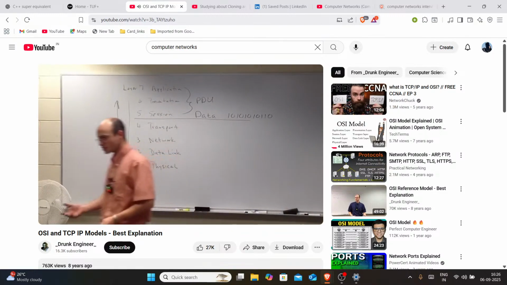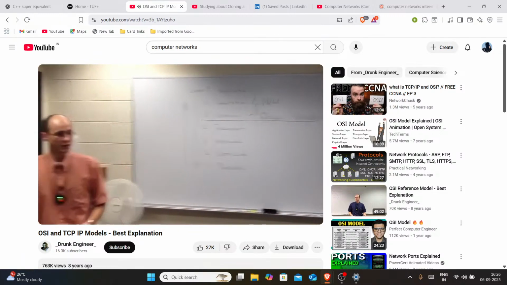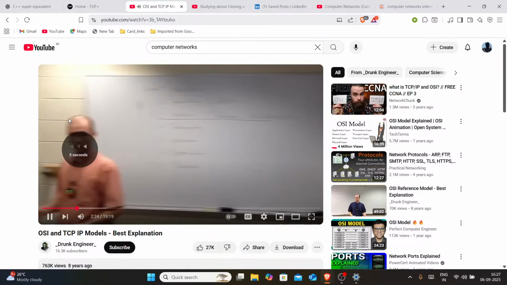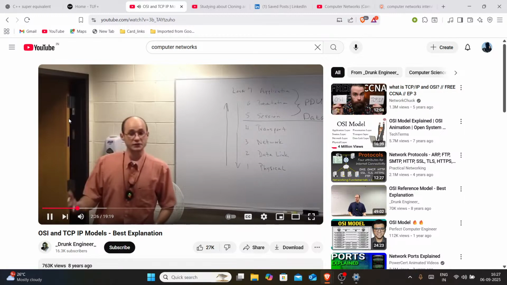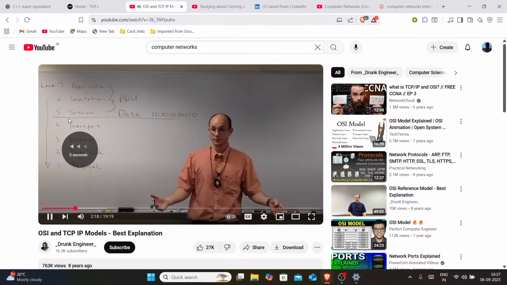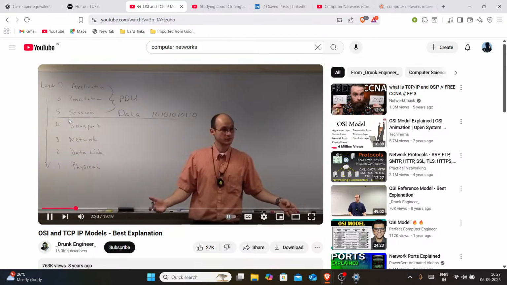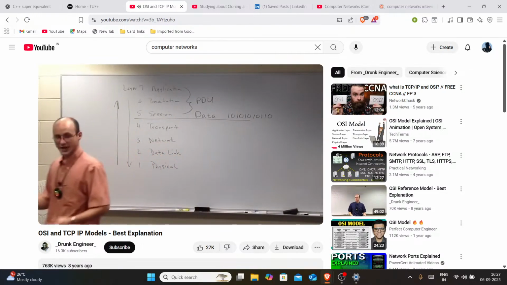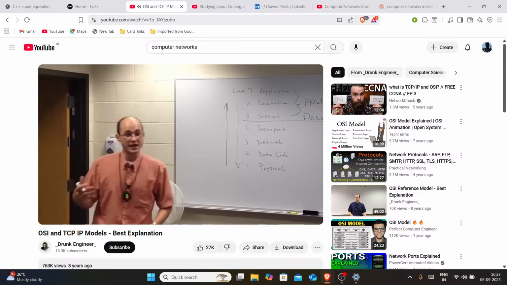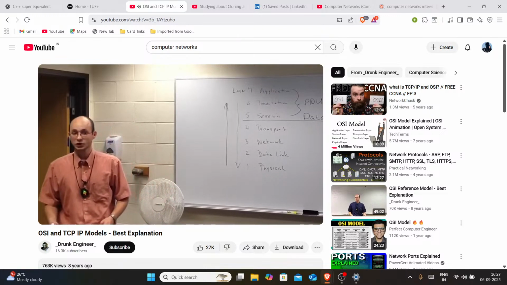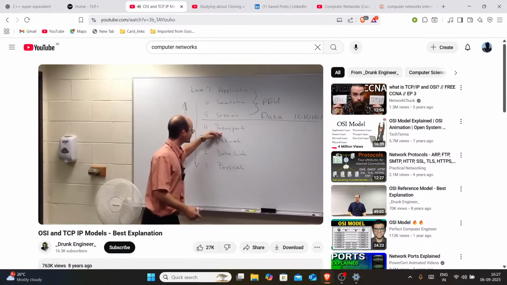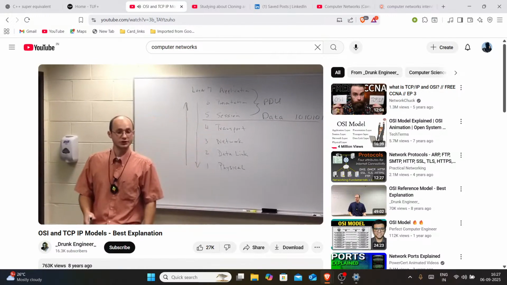Likewise, we have identifications used in networking. Sometimes we call these addresses to identify the application of the service. That's the first thing that the transport layer is going to do.